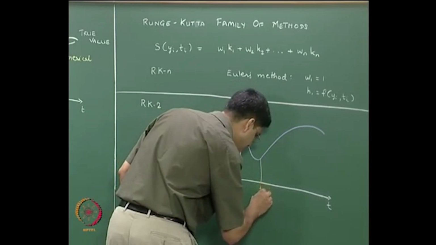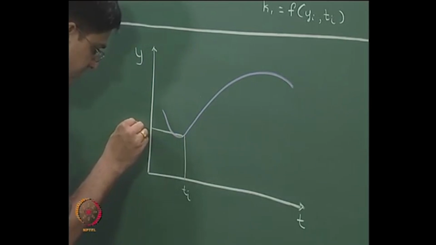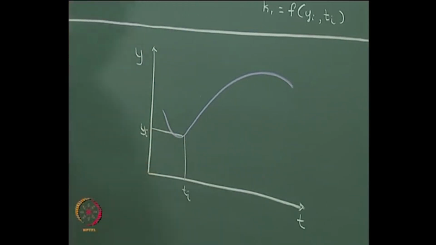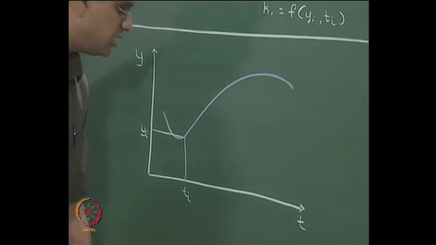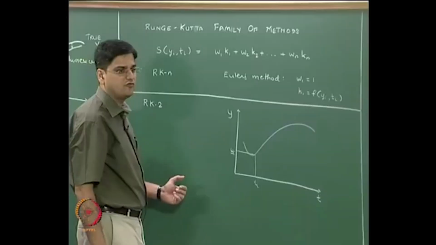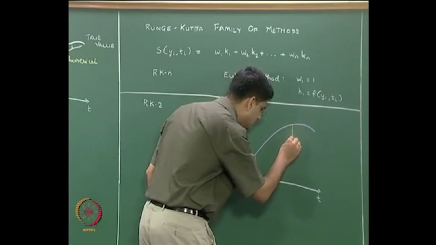This is ti and the corresponding value of the dependent variable y is yi. And now we are interested in using a better method in order to find yi plus 1 at another time, say ti plus 1.